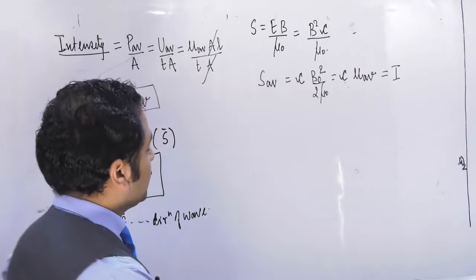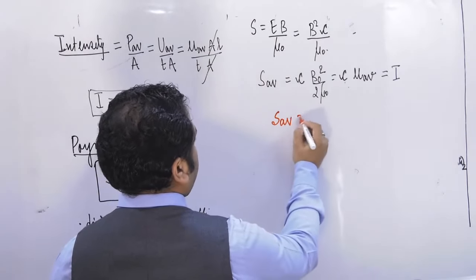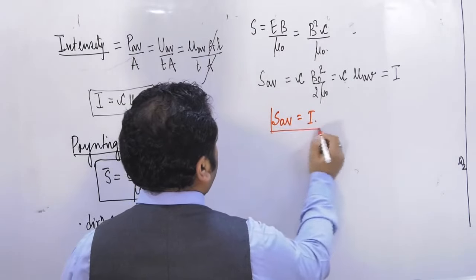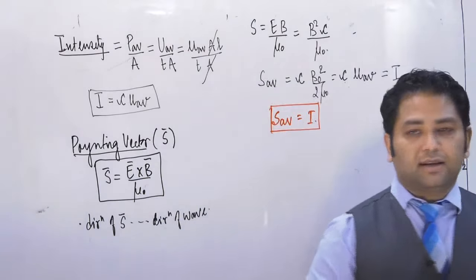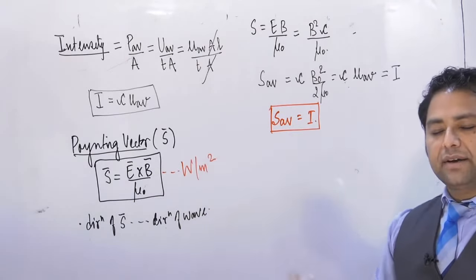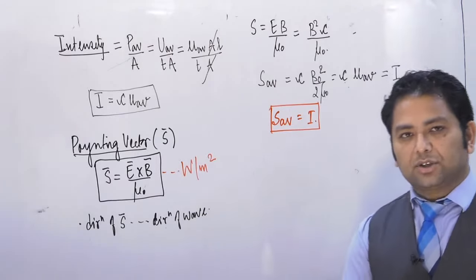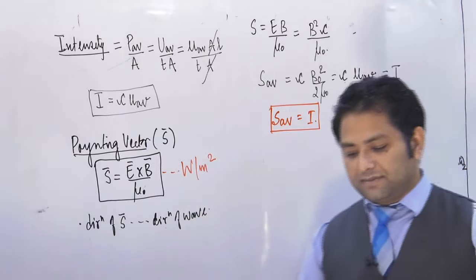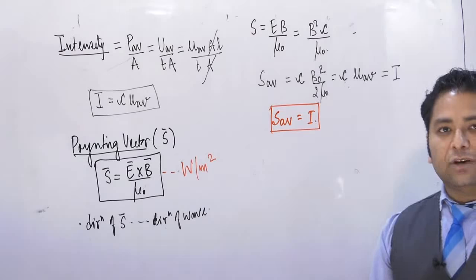The average value of the Poynting vector is always equal to the intensity of a wave. So in that regard, the Poynting vector will have a unit of watt per meter square. Such a lovely significance. So if I have said that the Poynting vector gives the specification of a wave, I did not make any overstatement.